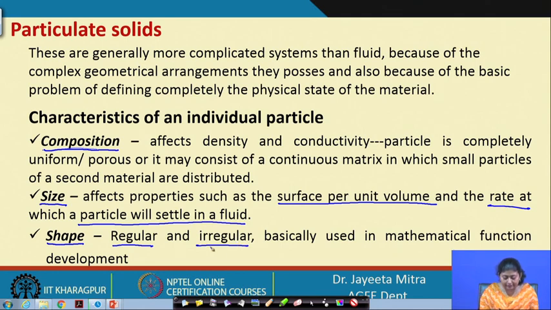Now, if those are irregular in shape, then handling their irregularity becomes a challenge, and what we do is we try to define this irregularity with some kind of regular shape.